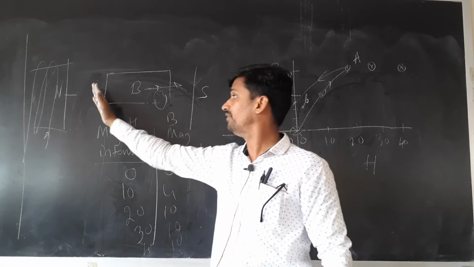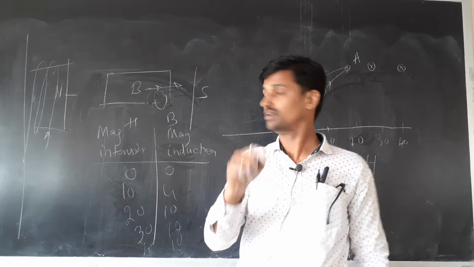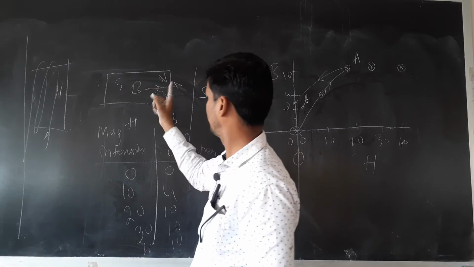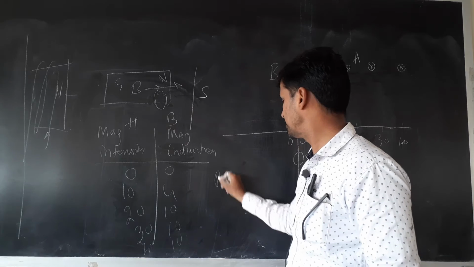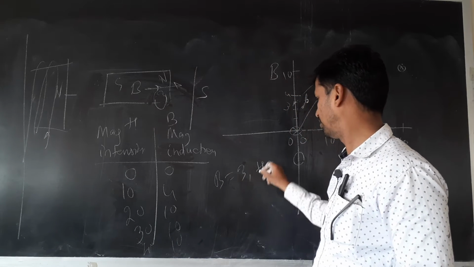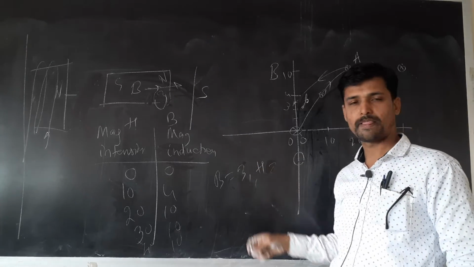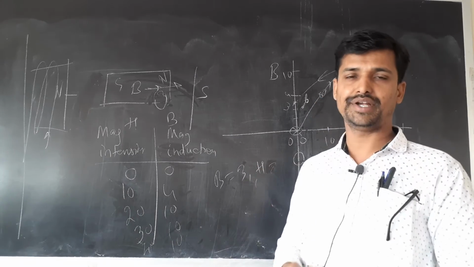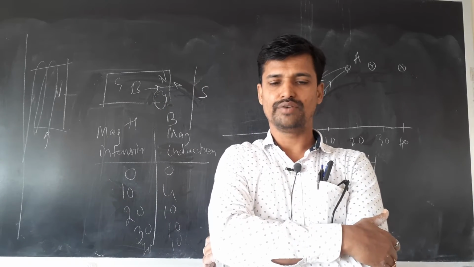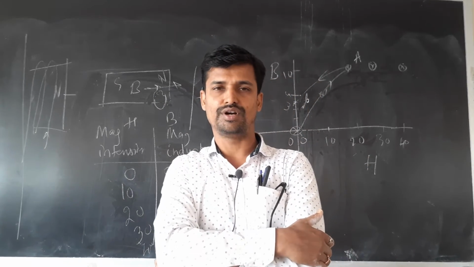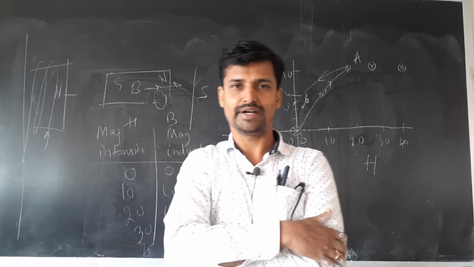Some magnetism is kept inside, it is north-south permanently. How much is B when H is 0? This 3 is called remanence or retentivity. The amount of residual magnetism retained even when the external field is made 0 is called remanence, and the property to retain it is called retentivity.